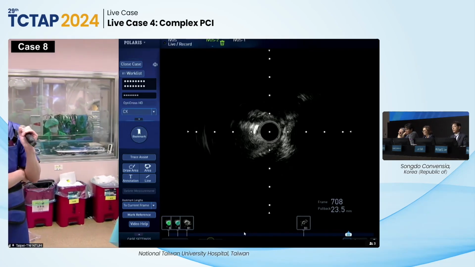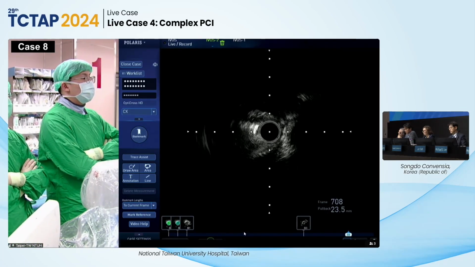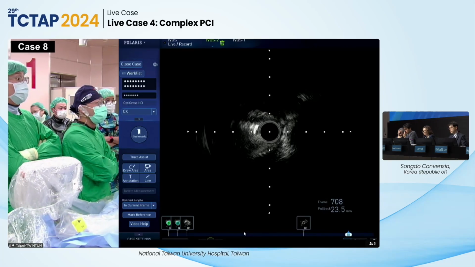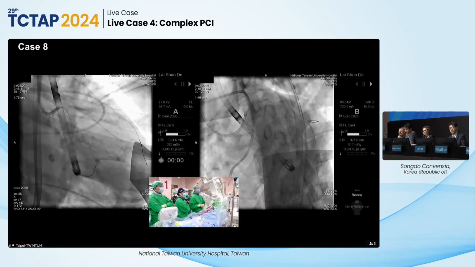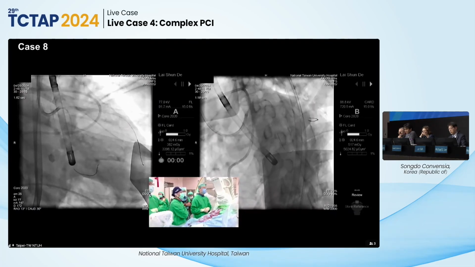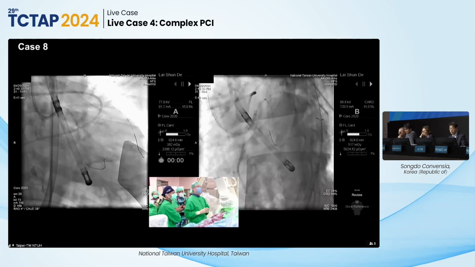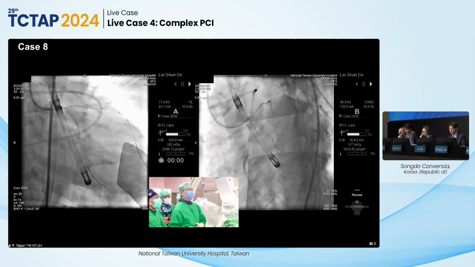Okay, thanks, Dr. Huang. And then maybe I'm going to show you the currently final angiogram that we have right now. The final shot, please.